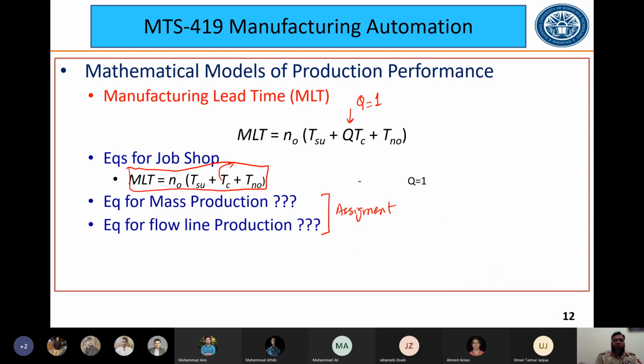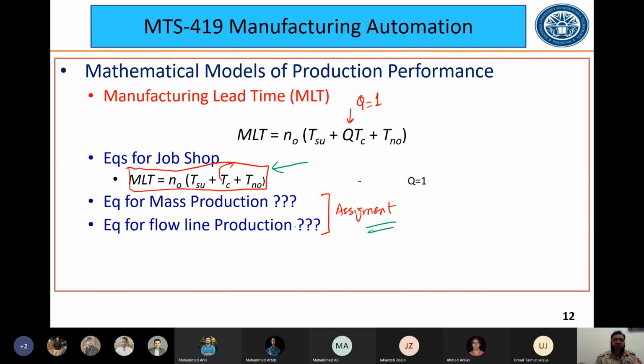Okay. So the manufacturing lead time for a single quantity Q, जिसको कि मैं कहता हूँ कि job shop है, so the equation can be modified like this by putting Q is equal to 1, because we are only making 1 Q. Now I want you to, this is your assignment, please develop equations for mass production and for flow line production. जैसे आपको याद है हमने कल के फॉर्म हमने mass production और flow line production के लिए अपनी RP की equation को modify किया था.